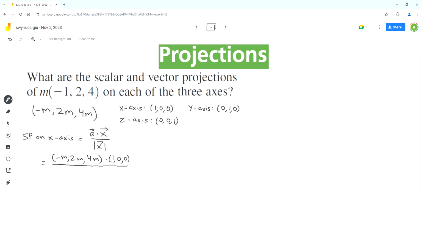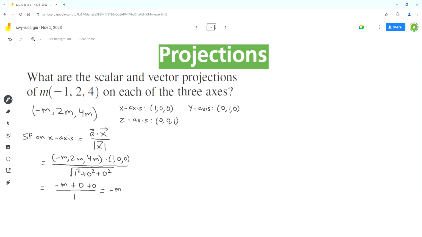So we should square the components, add them, and apply square root to the sum. Now we can do the dot product in the numerator. Negative m times 1 is equal to negative m. 2m times 0 is 0. 4m times 0 is 0. And the denominator is equal to 1. So the answer is just negative m. So that's the scalar projection of the given vector on x-axis.